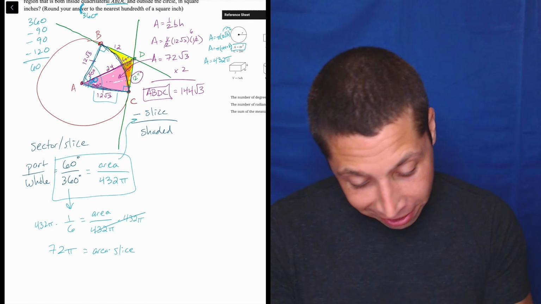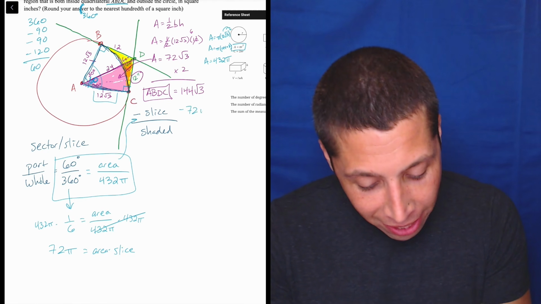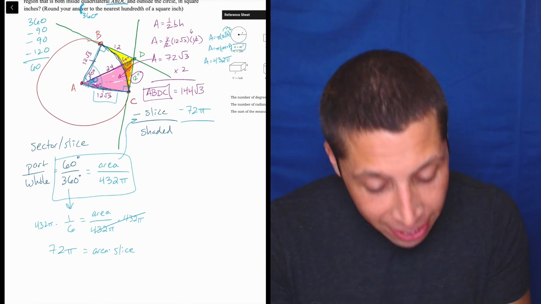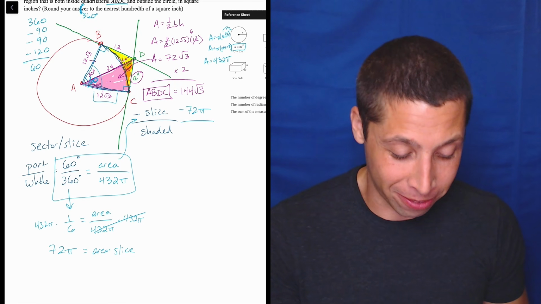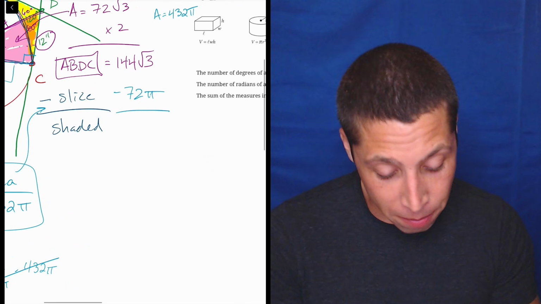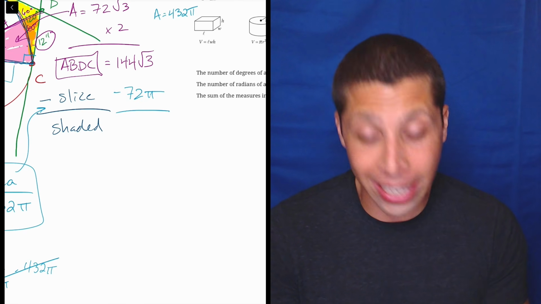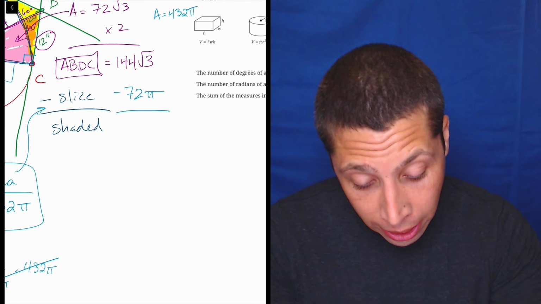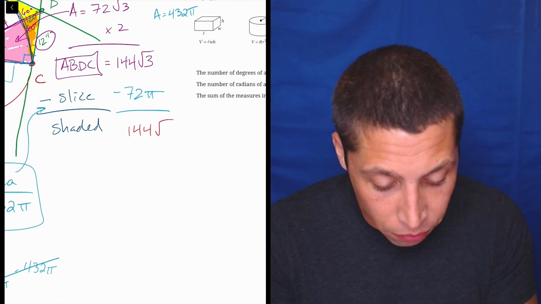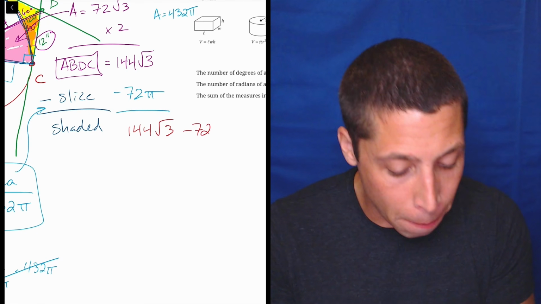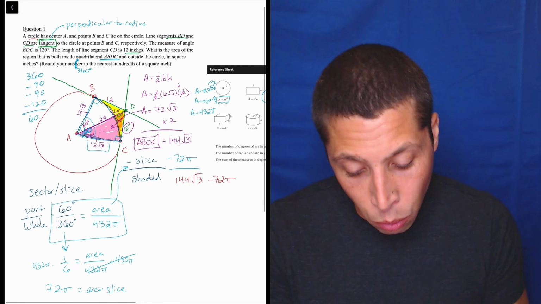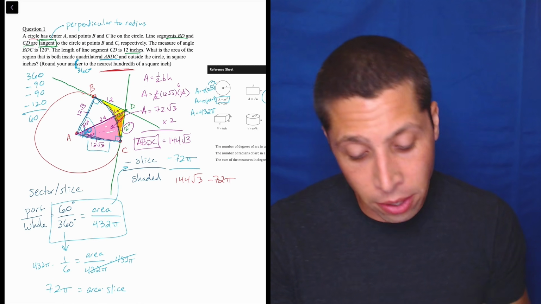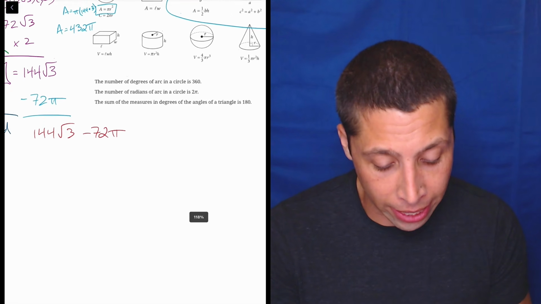So we're almost there. Now we can subtract 72 pi out of the 144 root 3. That was the area of the entire quadrilateral. So it's messy. If you were just in math class and they just asked you for the final answer without any rounding, you would have to put it as 144 root 3 minus 72 pi. But this question wants us to round to the nearest hundredth. So we're going to need to just put this in the calculator and let it do the work for us.